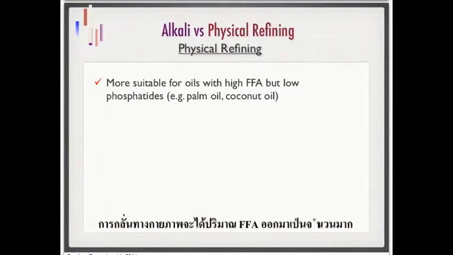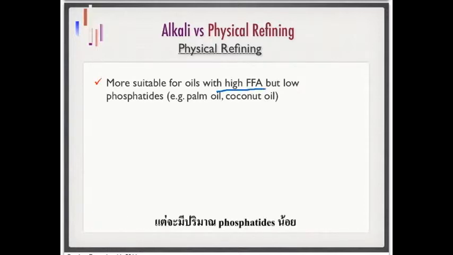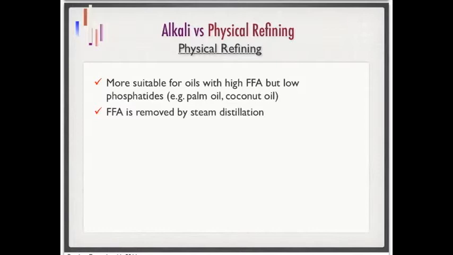Okay, now let's look at physical refining. Physical refining is in general more suitable for oils with a high amount of free fatty acid but relatively low content of phosphatides. So our palm oil actually meets this criterion, and also coconut oil. Free fatty acids are generally very volatile and can be removed by steam distillation.